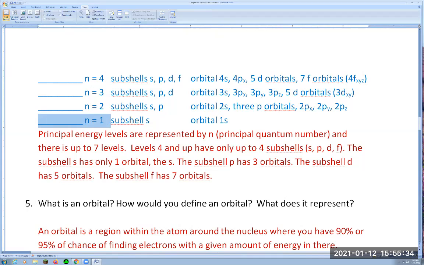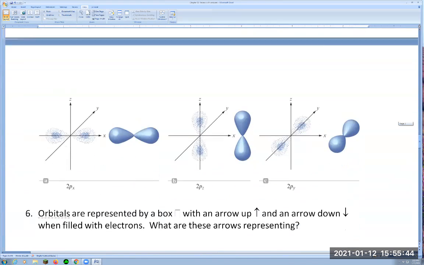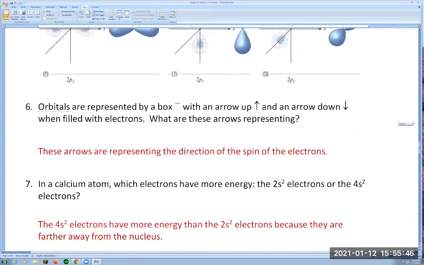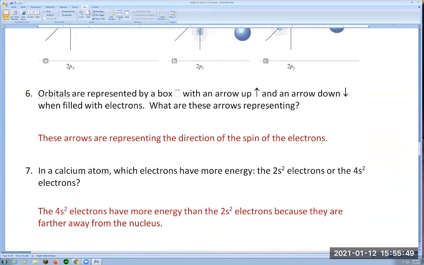So the 2s2 electrons would be lower in energy than the 4s2 electrons. The 4s2 electrons have more energy because they are farther away from the nucleus. You need to remember energy increases as you move away from the nucleus. That's why, when electrons absorb energy, they move up into excited states and have more energy. So that can be a way to remember this.